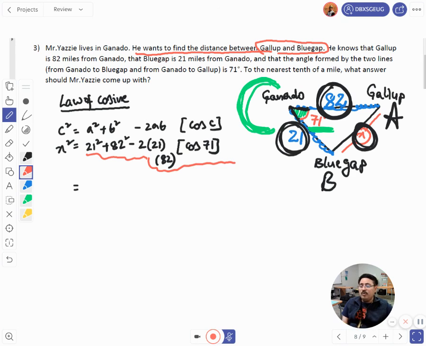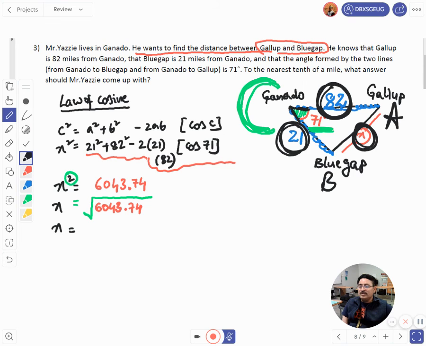Okay, 6043.74. After decimal, I am taking 2 digits. Don't forget, this is not the value of x, it is the value of x squared. And I hope you remember how to eliminate the square. In order to eliminate the square, we take the square root of this value. So the square root of 6043.74.